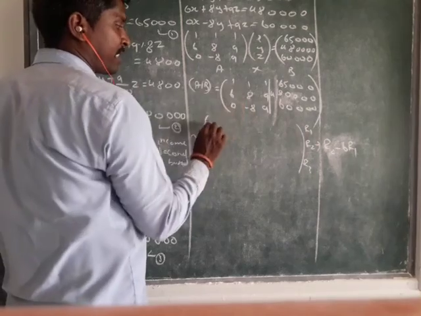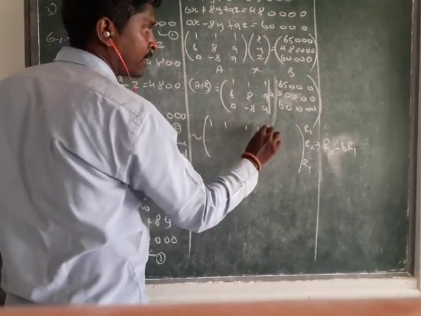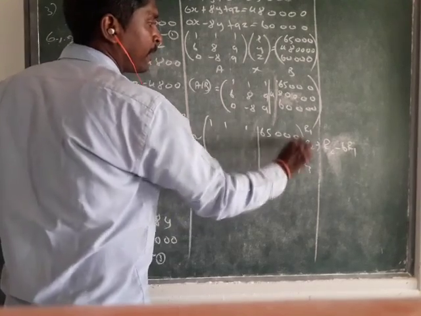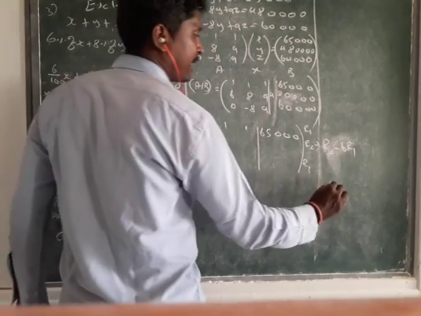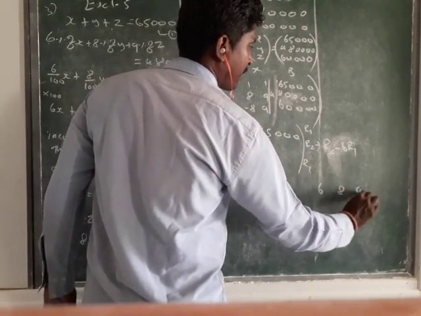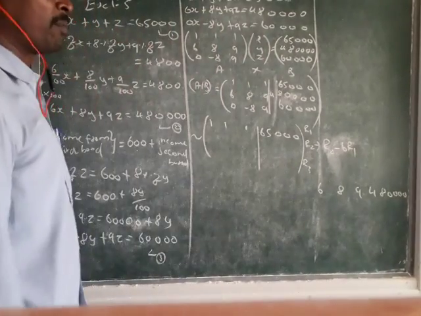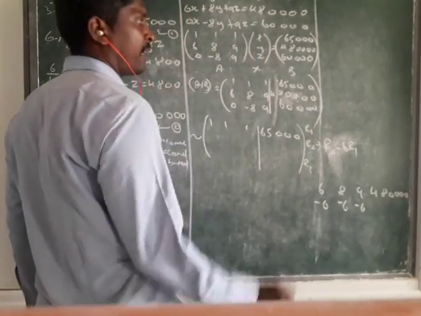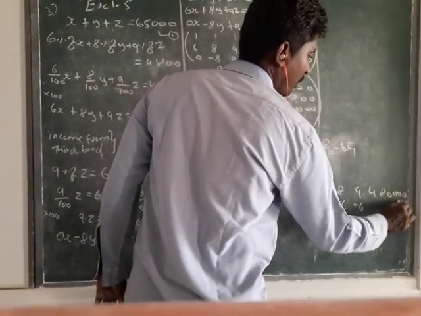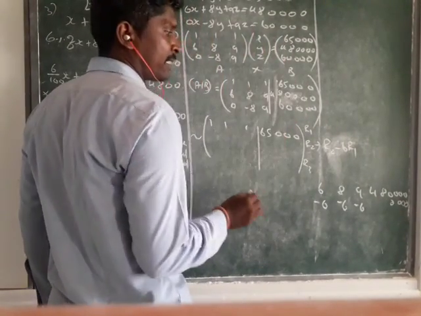So write the first row as such: 1, 1, 1, 65,000. R2 is 6, 8, 9, 4,80,000. Now multiply R1 by minus 6: minus 6, minus 6, minus 6. 6 minus 6 is 0. 8 minus 6 is 2, and 9 minus 6 is 3.